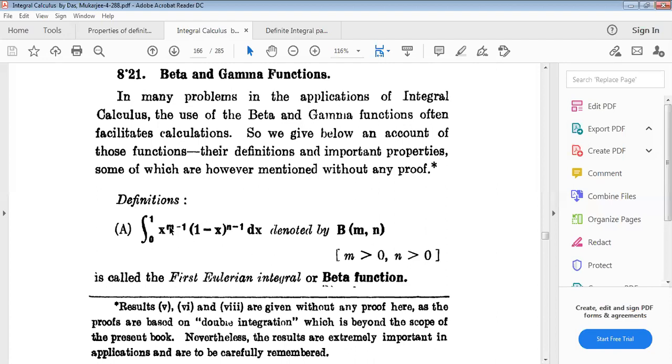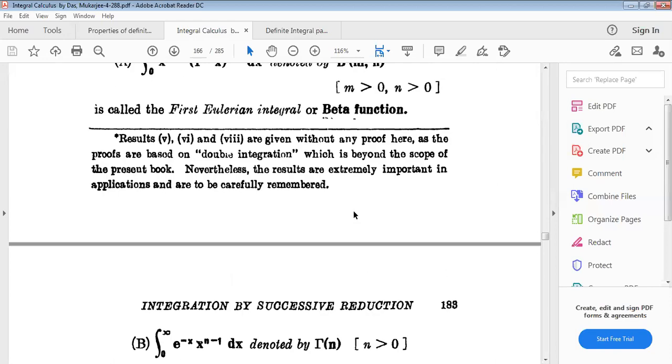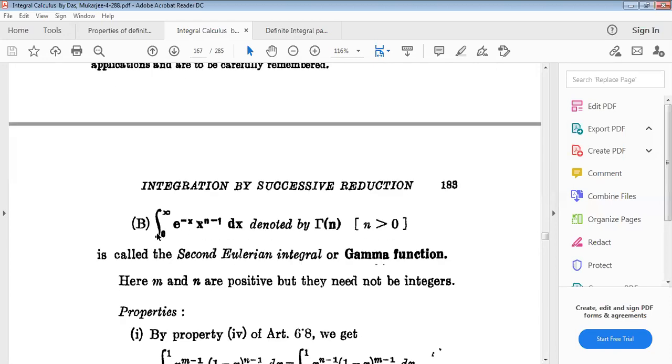In this integration, m must be greater than 0 and n also greater than 0. x is the variable and the integration is with respect to x. Similarly, the integral from 0 to infinity of e to the power minus x, x to the power n minus 1 dx is denoted by gamma n, and n must be greater than 0, that means positive.